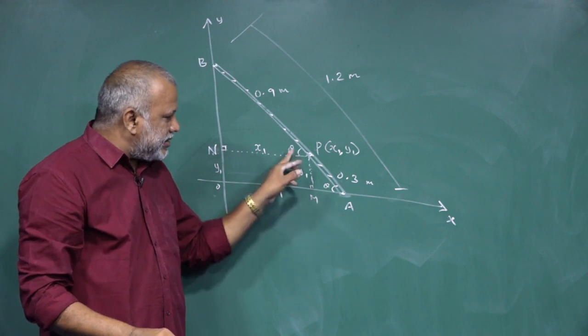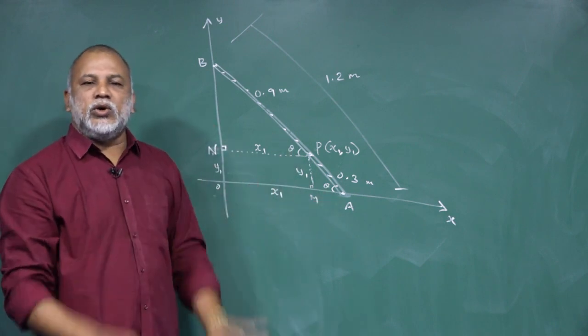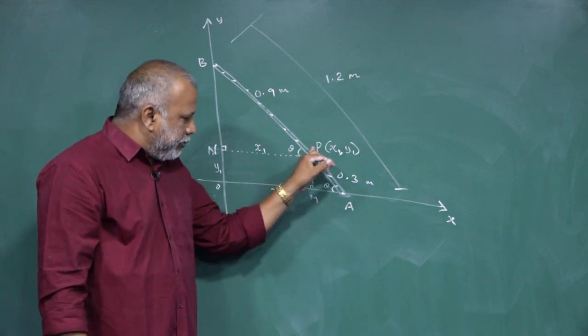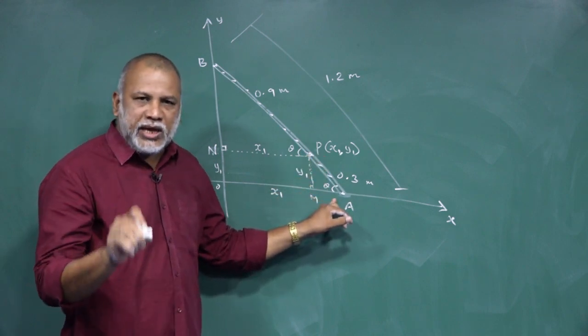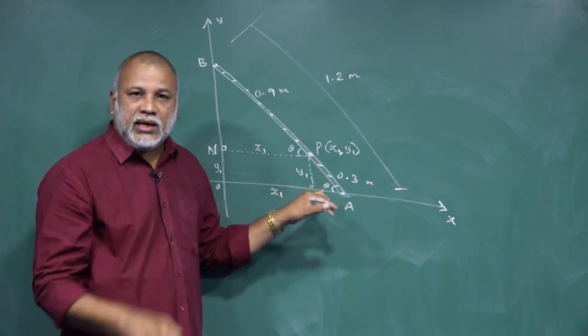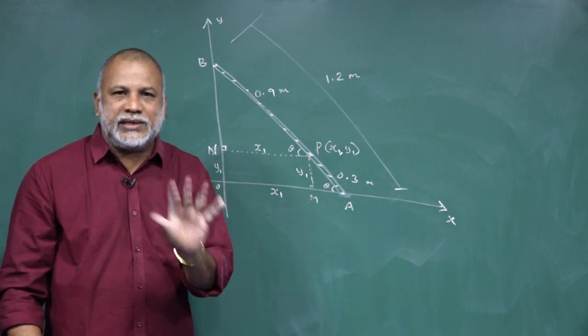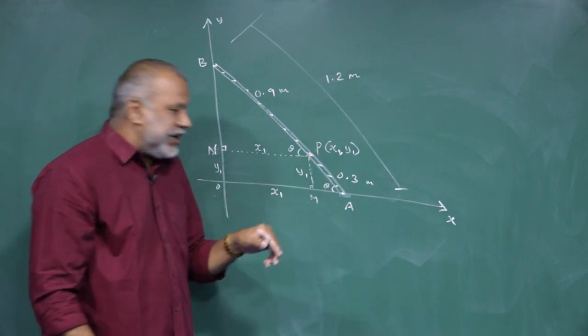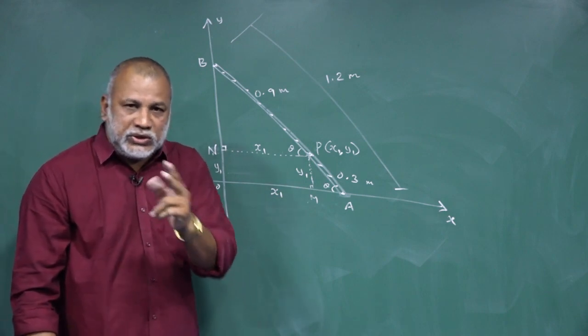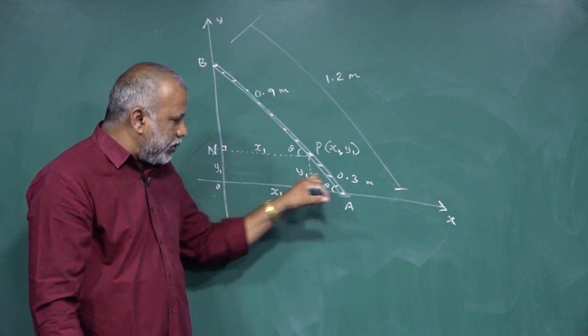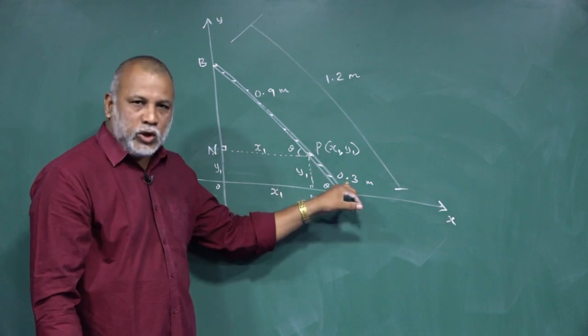See, this is theta, so here also theta. I am using the trigonometrical concept. PMA must be a right angle triangle, as PM is perpendicular. In this right angle triangle we see two quantities: this is y1, and PA is 0.3.